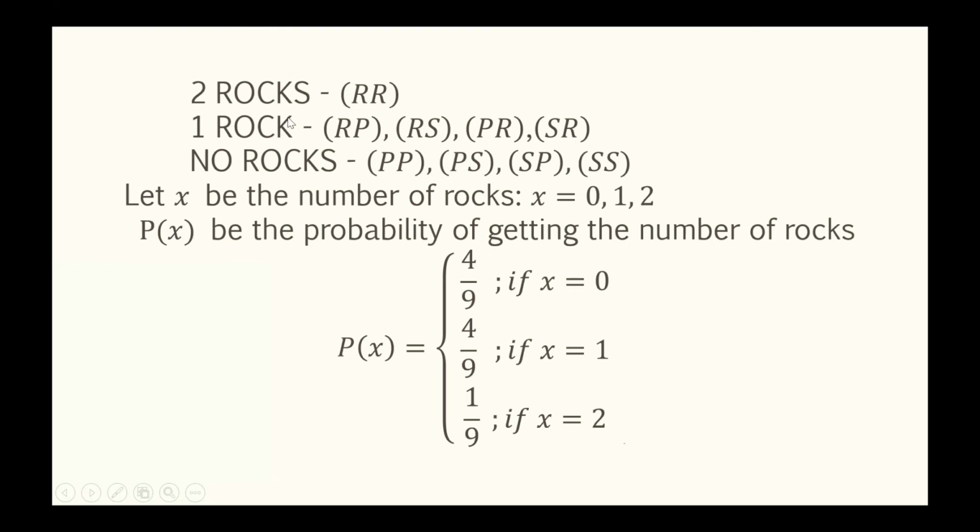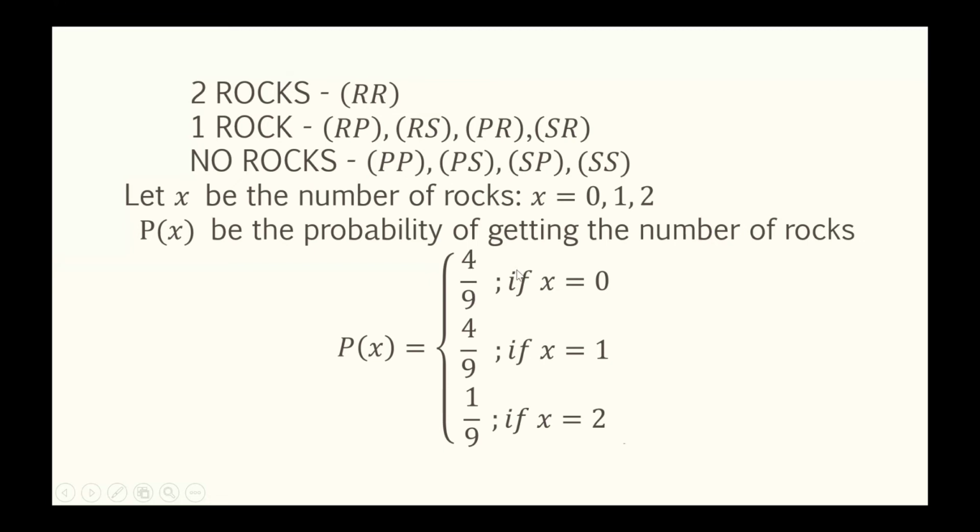From the sample space, there are 4 outcomes which have no rock at all. 4 out of how many outcomes all in all? There are 9 outcomes. So this is the probability. In writing the probability, it can be in fraction, decimal, or percent form. In this example, we're going to use the fraction form.